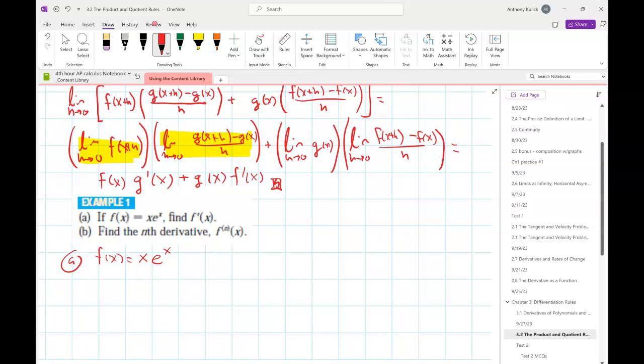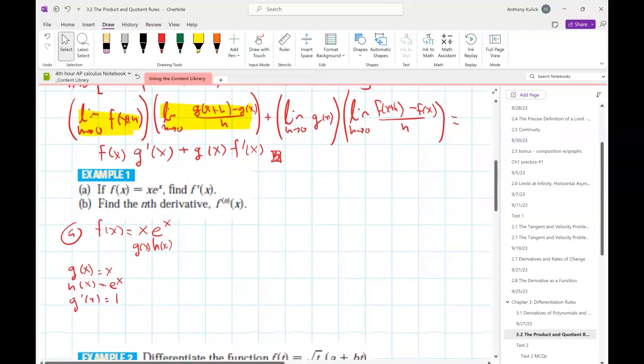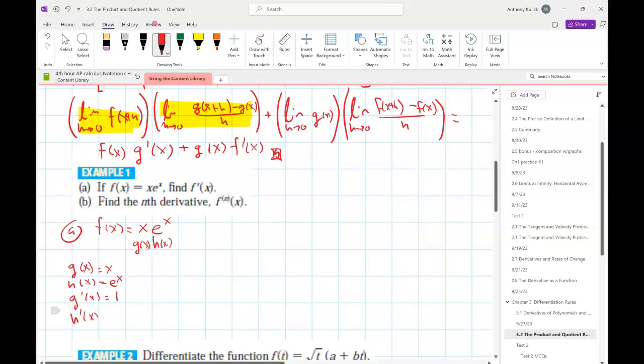So what I do is I'm going to think about this as a g of x and an h of x. What's the derivative of g of x? 1. And the derivative of h of x? e to the x.